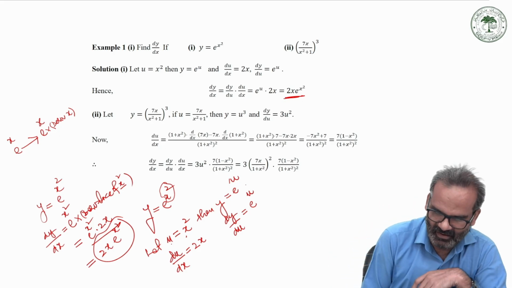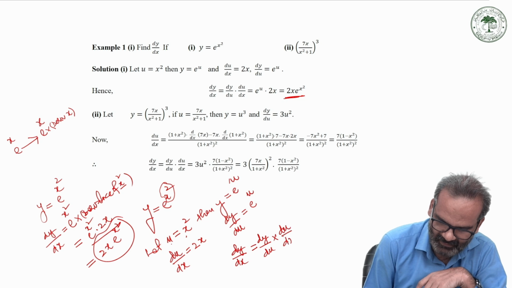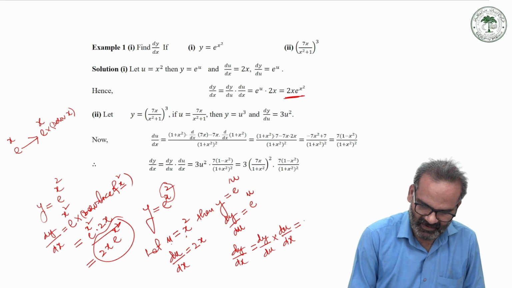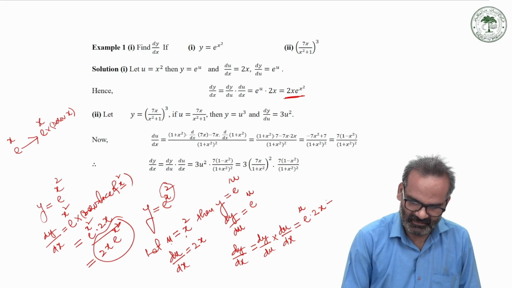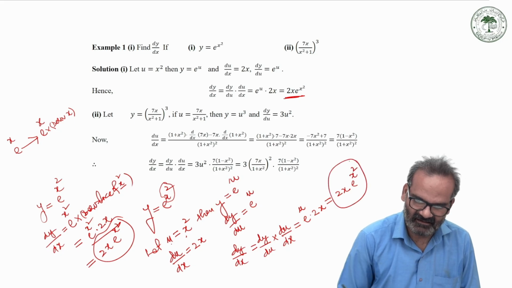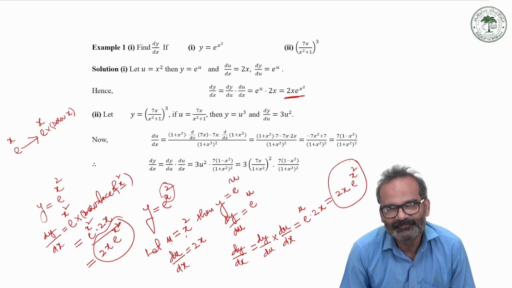Now apply the formula of the chain rule, that is dy over dx is equal to dy over du multiplied by du over dx. What is the value of dy over du? Dy over du is e^u into du over dx is twice of x. And this is what? Twice of x, as it is e. What is u? We have taken u as x square. So this is the required derivative of the given function, right?